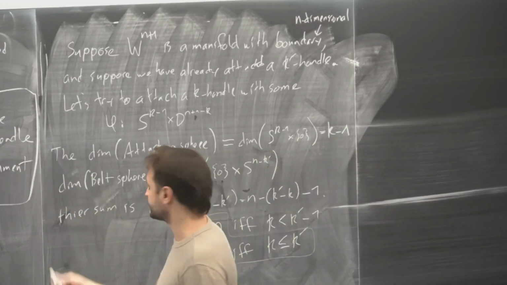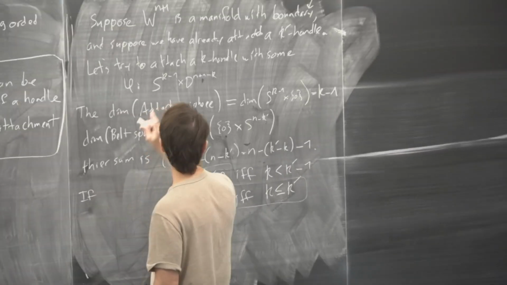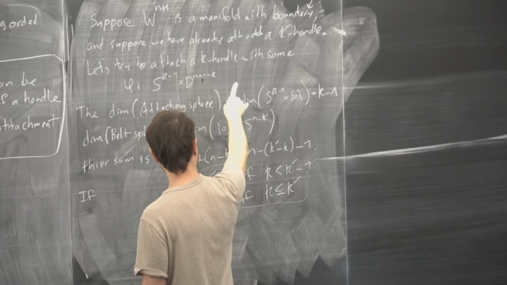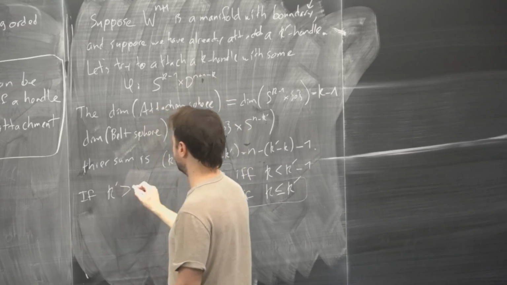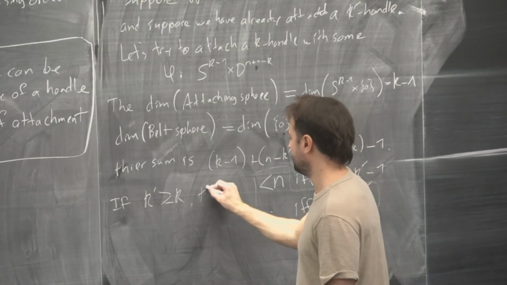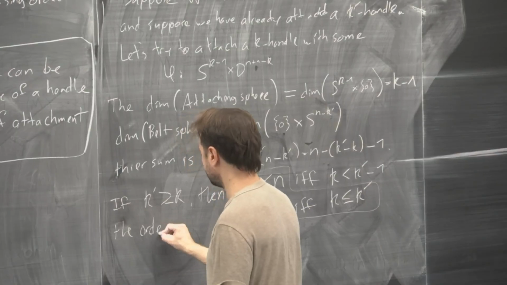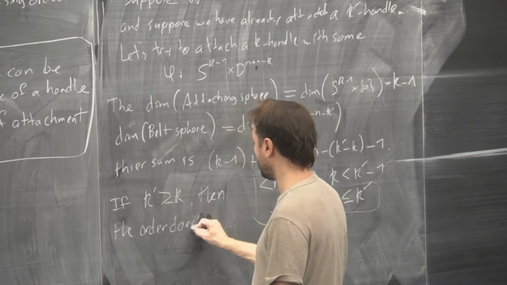By the transversality property, if the handle that was already there has to be at least as large as the handle that we want to attach, then the order doesn't matter. So you can always attach the one which is smaller first.